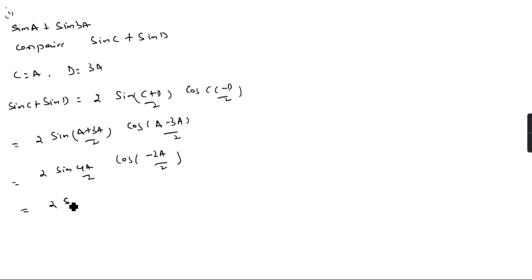And this is nothing but 2 sin 2A cos of minus A. And we know that cos of minus theta is nothing but cos theta. So therefore it can be written as 2 sin 2A cos A. Taken as 2.